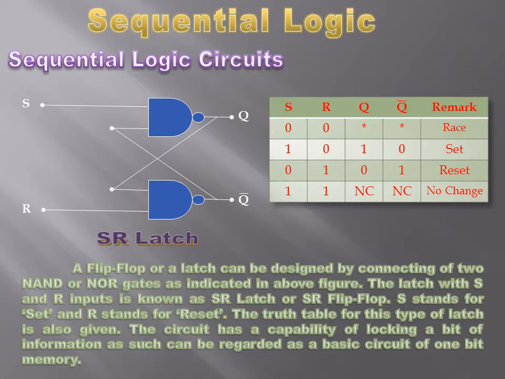But in one condition, when both the inputs are 0, the outputs Q and Q naught change in a chaotic manner.